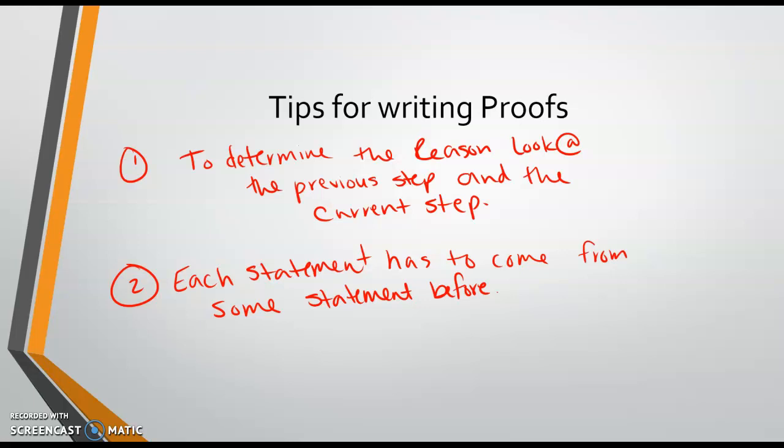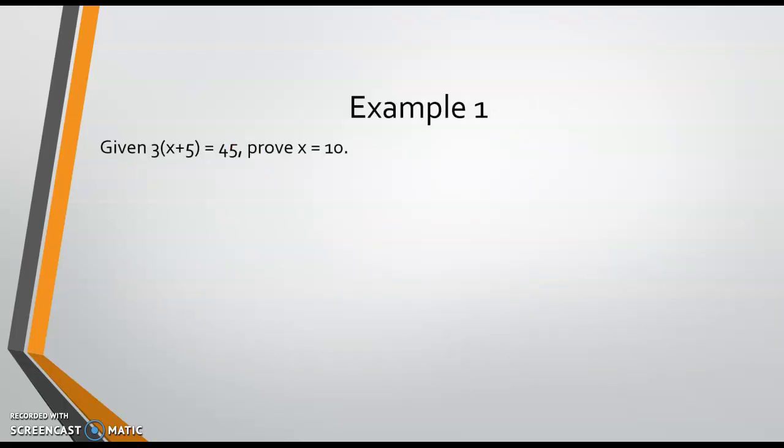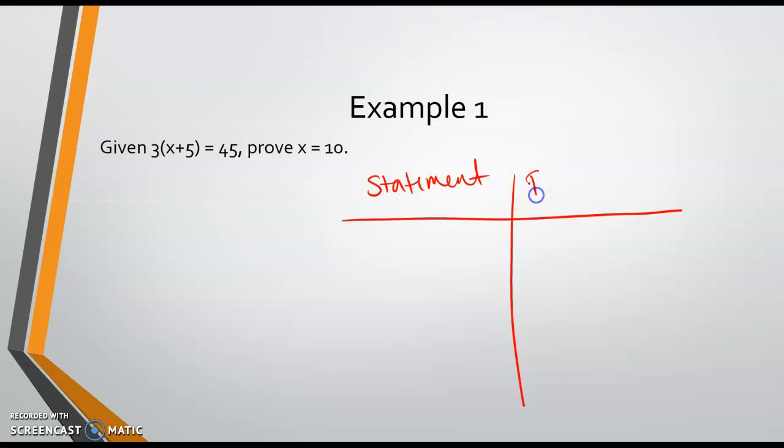All right, so we're going to do an algebraic proof. That's going to be our first example. So how we do this is we draw two columns, right? And we have our statement and our reason.